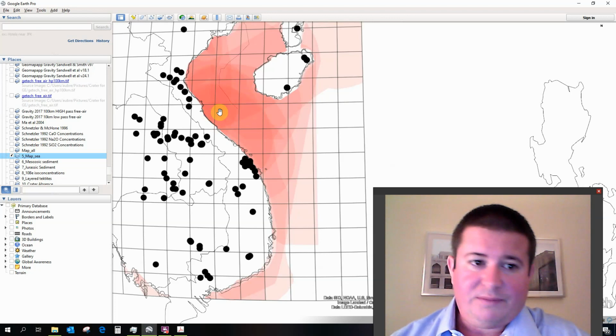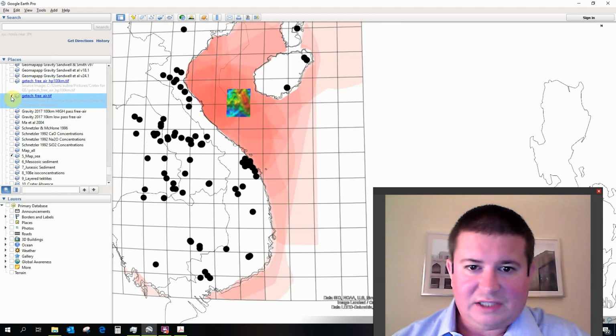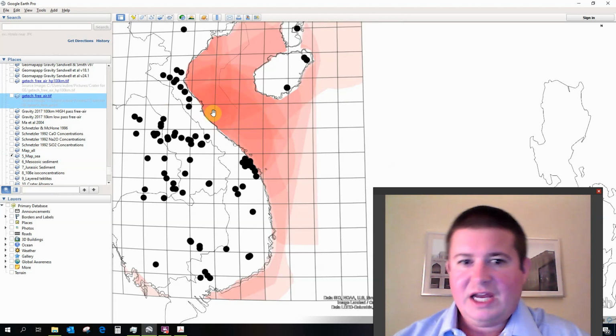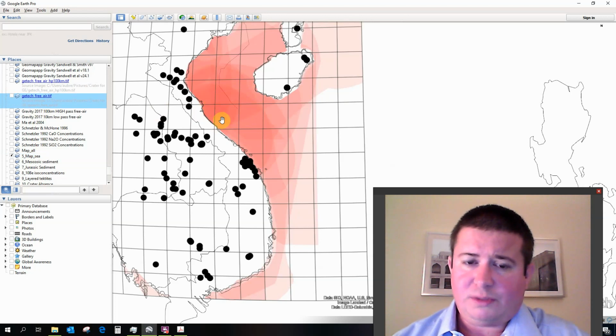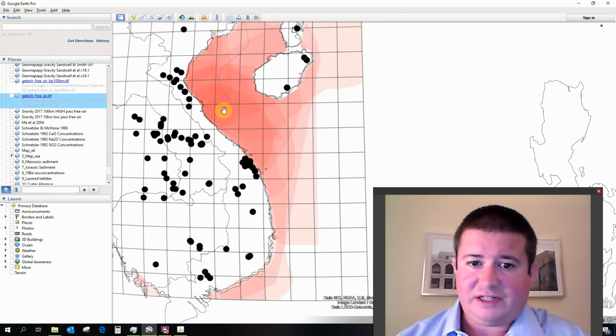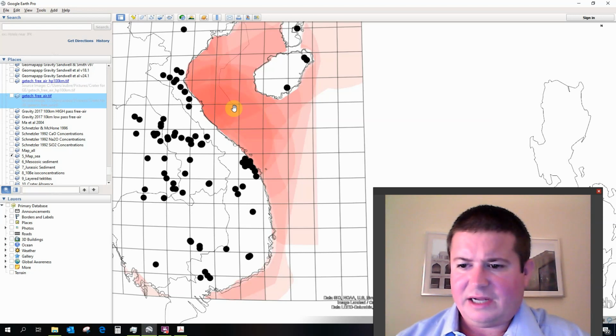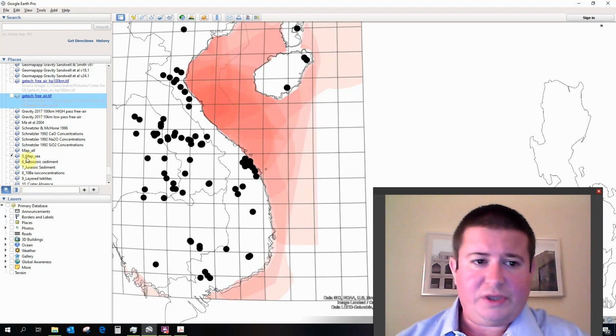So this gravity data is, to me, saying this area here, where my hand is. This data is saying perhaps somewhere over here. Now it can't be too close to shore because the sediment thickness isn't great enough. So really it's got to be kind of in this area here. Certainly going to be in this area here. That's where all the evidence is pointing.